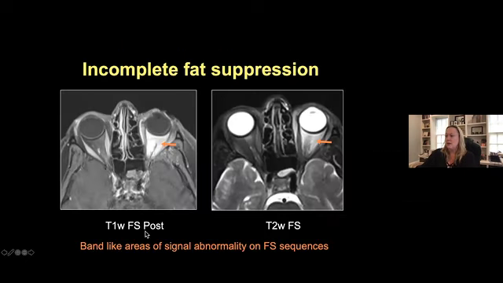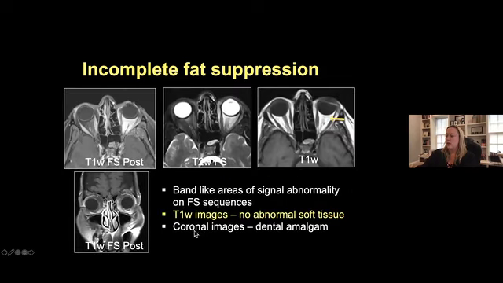This is an example of incomplete fat suppression artifact, which you can see only on the fat suppressed sequences. You see band-like areas of really bright signal in the orbit on the T2 fat sat and the T1 post-contrast fat sat, but you don't see any abnormal soft tissue on the T1 weighted images.